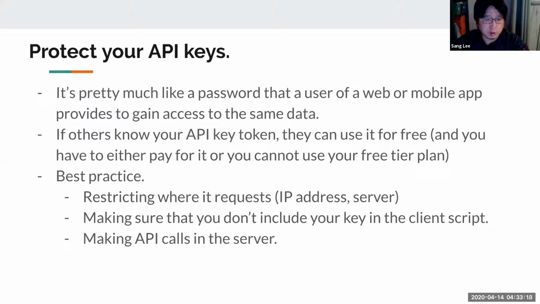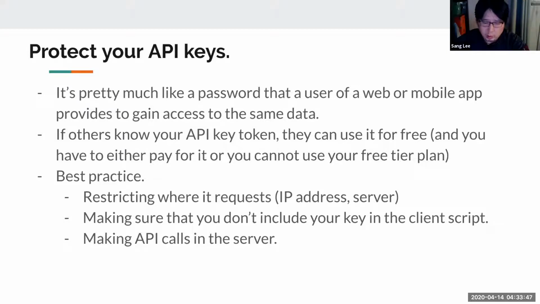Best practice is to actually restrict the usage of the API key. So maybe only your website can make a request to the particular service. For example, let's say YouTube, and only the URL that you made is able to use this particular API token.